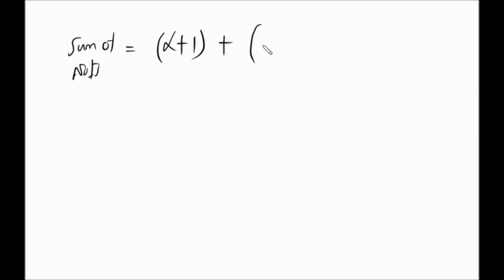So sum of roots now: we take the first root, alpha plus 1, plus the second root, which is beta plus 1. You get alpha plus beta plus 2.